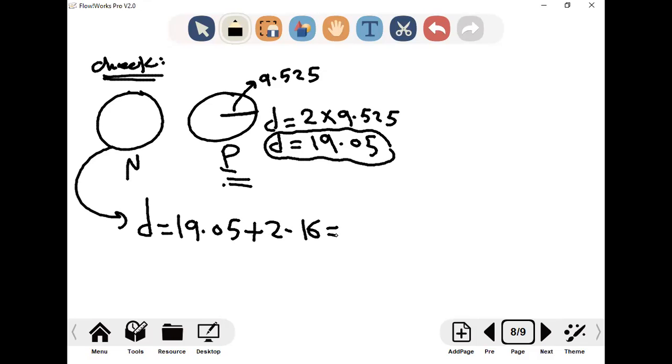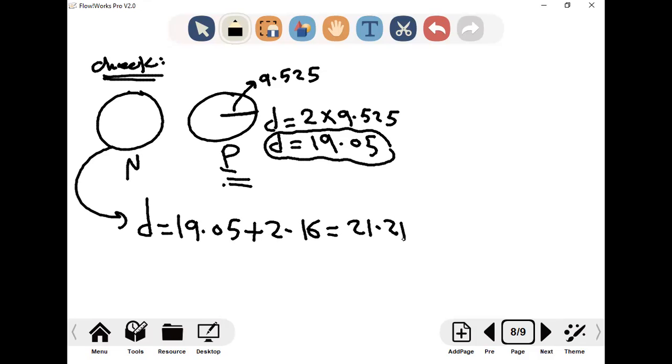It will be what? 21.21. Is this clear? The question gives me the radius of the penny. From the radius, I found the diameter, right? The question said the nickel is longer by 2.16, so I added them.